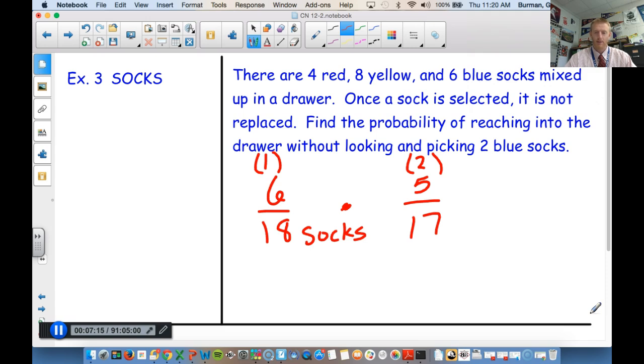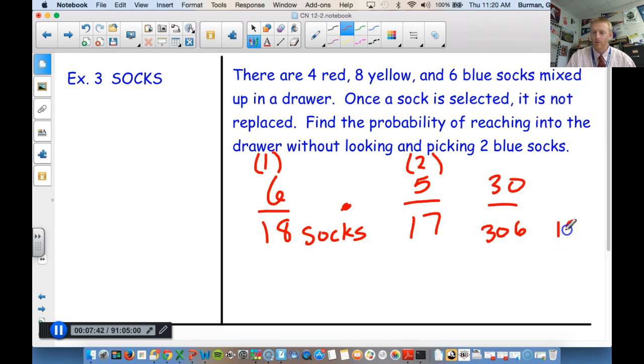So 6/18ths times 5/17ths. I get the fraction of 30/306. And I'm going to want to simplify that. Let's see if I can divide by 2.